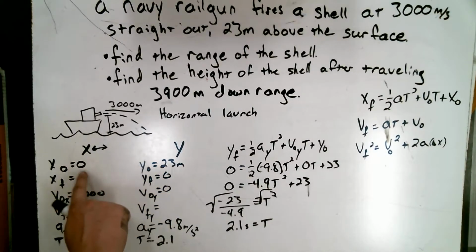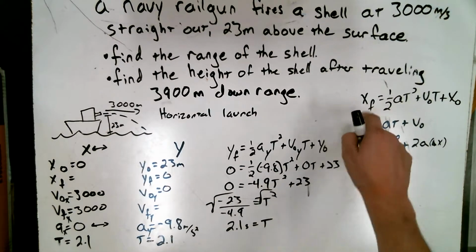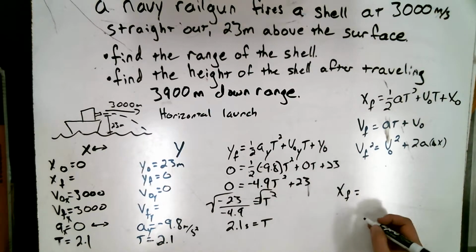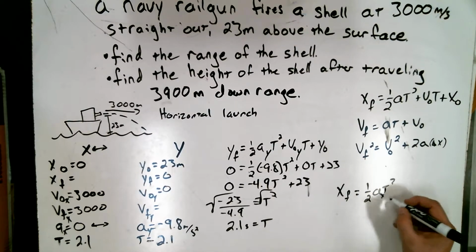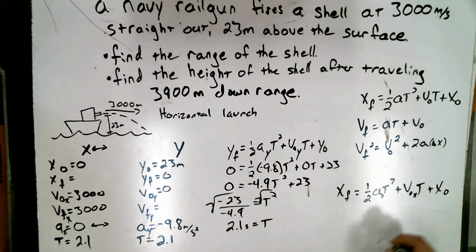So I can come over here. I want to find my x f, and I now have the time. So I'm going to grab this same equation here. It is now x f equals 1/2 a t squared plus v naught x t plus x naught.